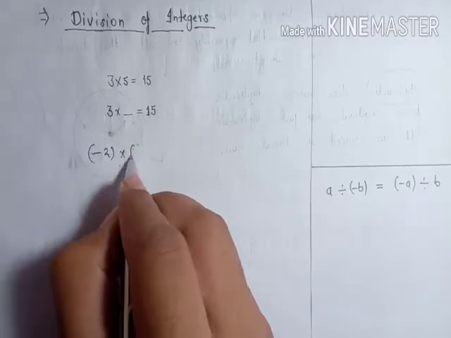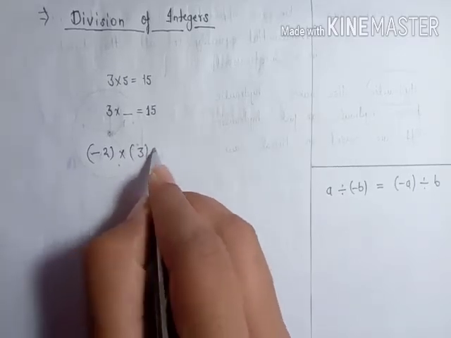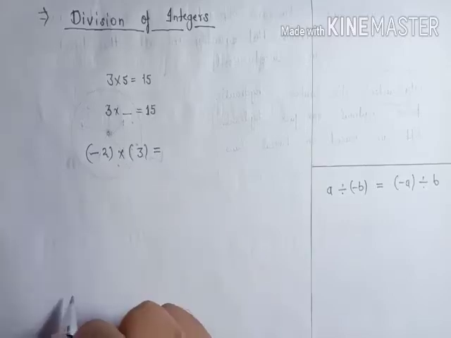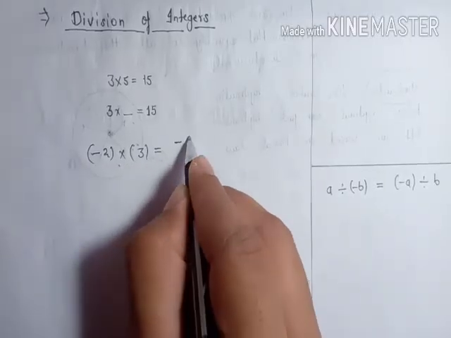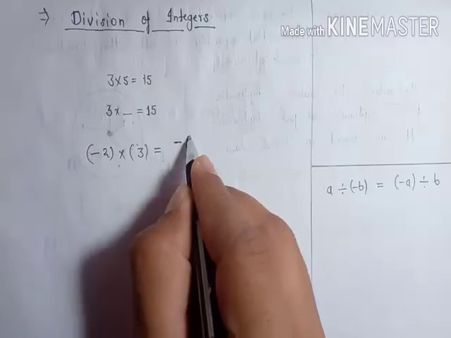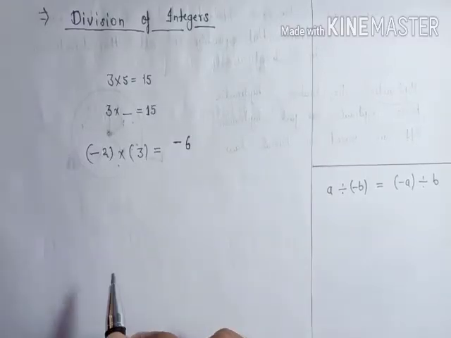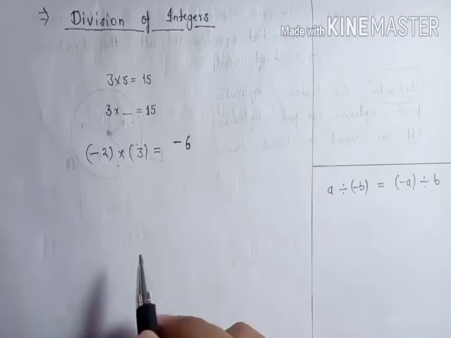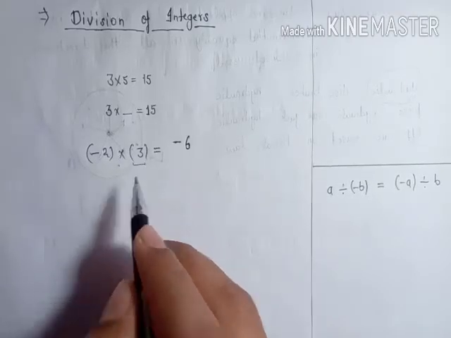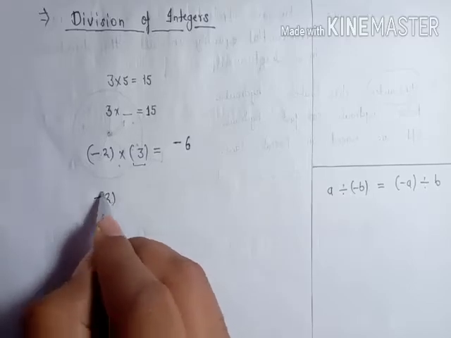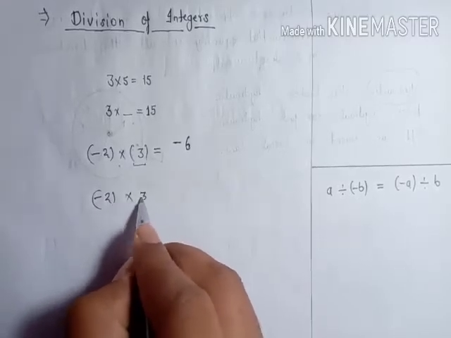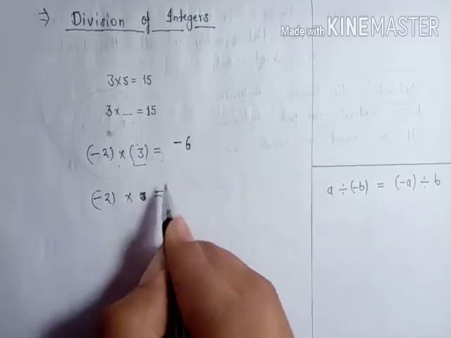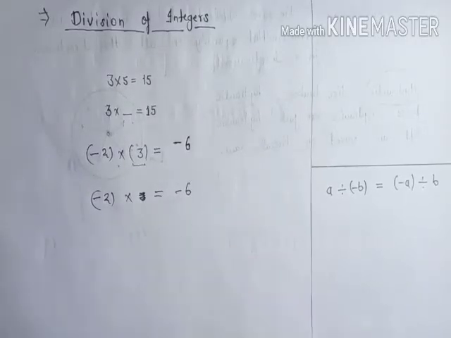Same, if you multiply minus 2 and 3 your result is 6 but with a negative sign, this is minus 6. So we can say that to obtain this number, minus 2 is here and multiplied by 3, nothing is here, is equal to minus 6.